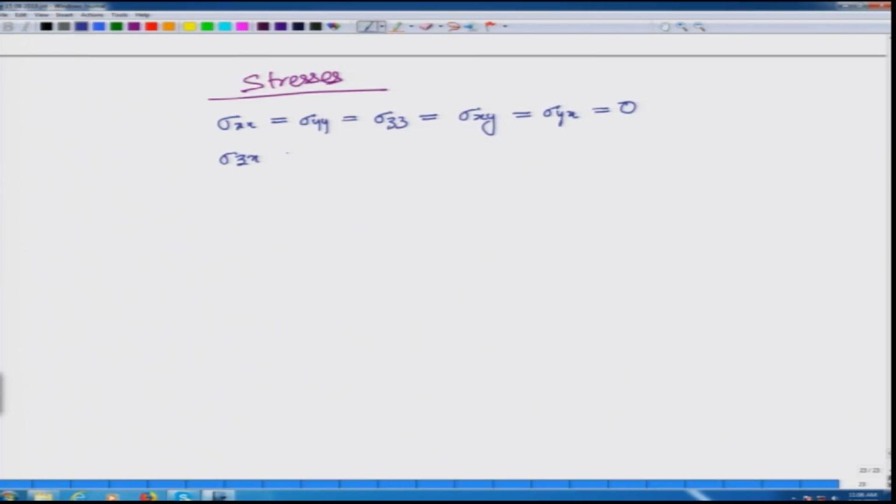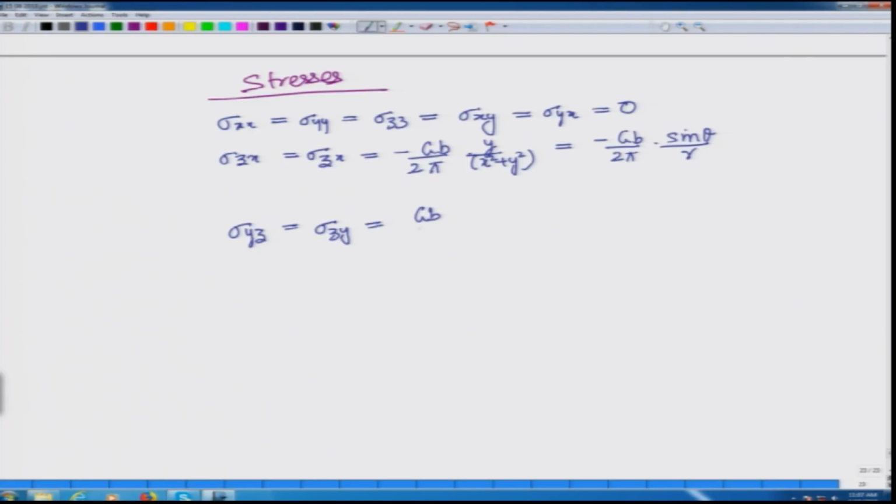Sigma xz, which is equal to sigma zx, using the Hooke's law we can write it like this, minus Gb by 2 pi into y by, and again if you want to write it in theta, similarly sigma yz is equal to sigma zy is equal to Gb by 2 pi, or we can write it as Gb by 2 pi cos theta by r.